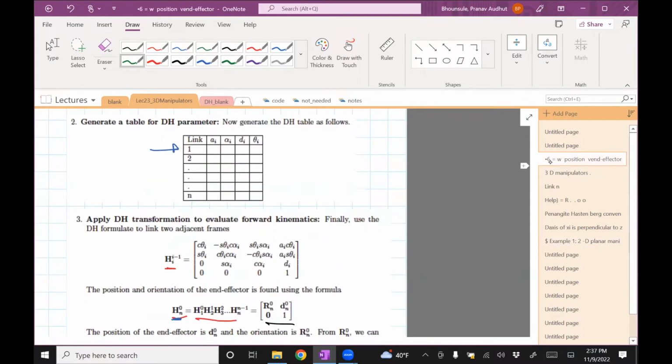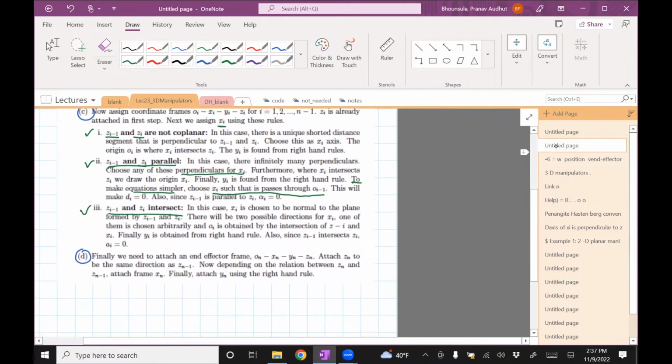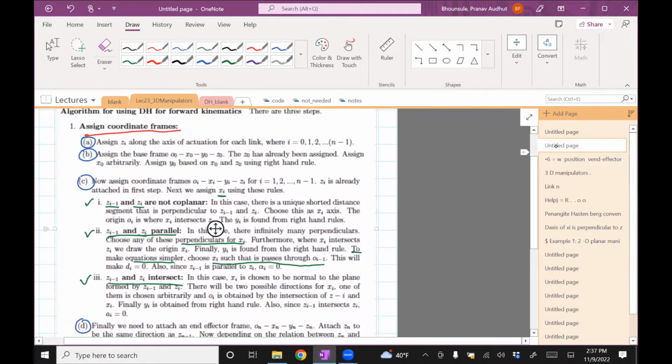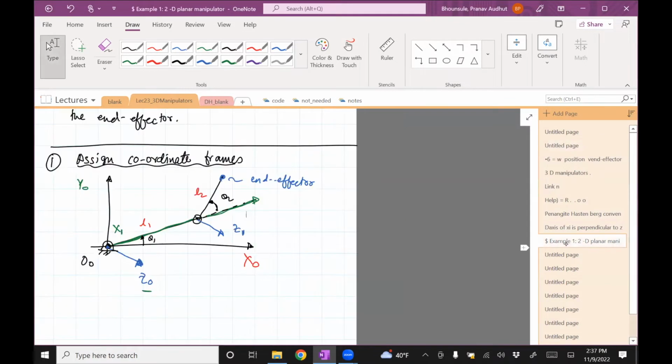Okay, next step is, so we've assigned xi. If you want, you can also assign yi. It doesn't really affect the DH, but some people want yi. So if you want to assign yi, then just use the same fact that x cross y should be z. So if you have x along this, z along here, I should actually use a red color.